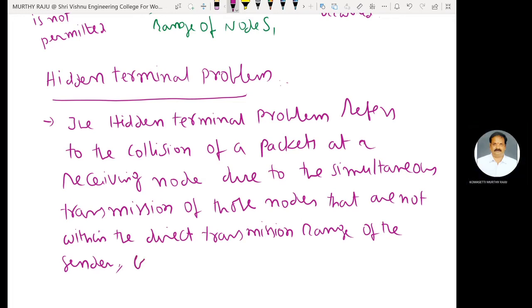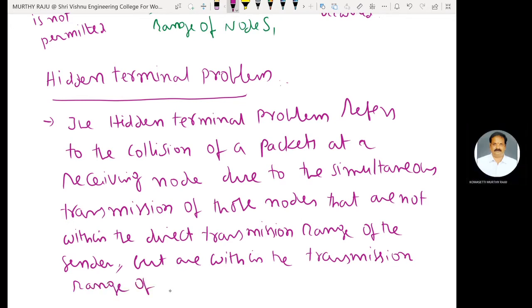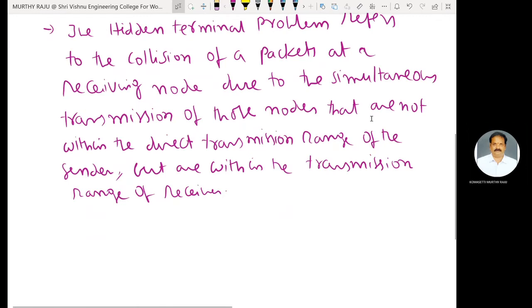But they are within the transmission range of the receiver. Collision takes place.